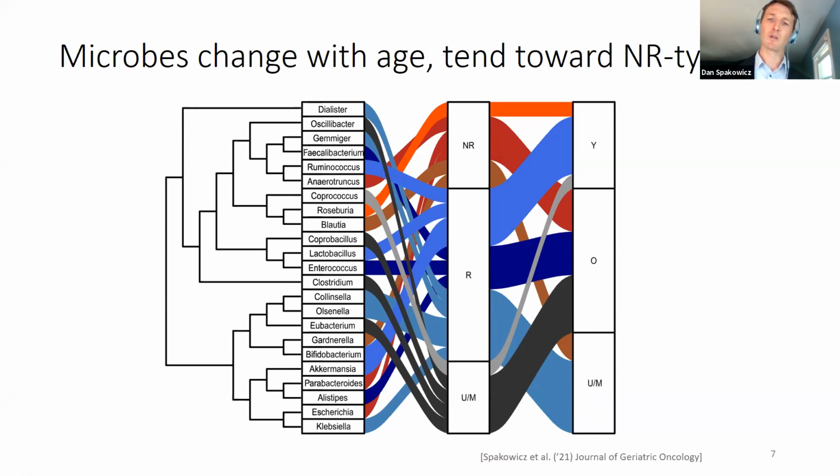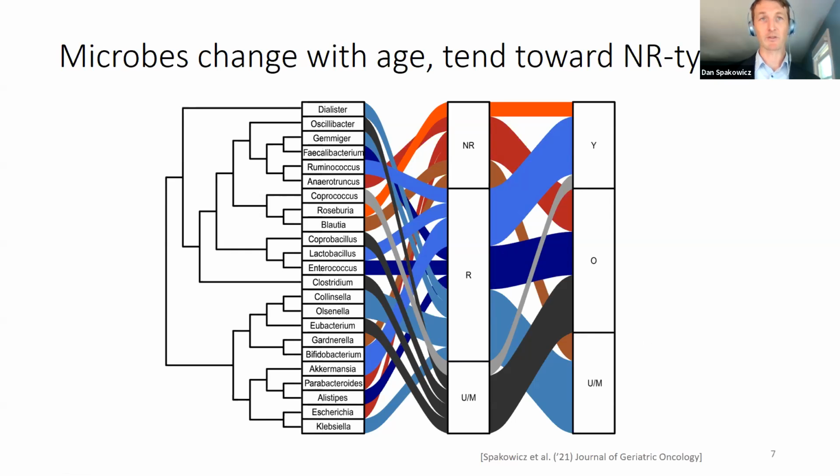So this indicates that older adults are likely to benefit, as an older adult is more likely to look like a non-responder to immune checkpoint inhibitors than a typical younger individual.